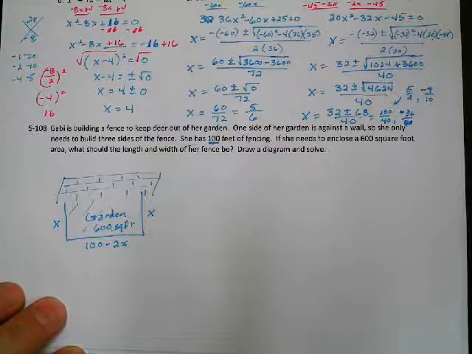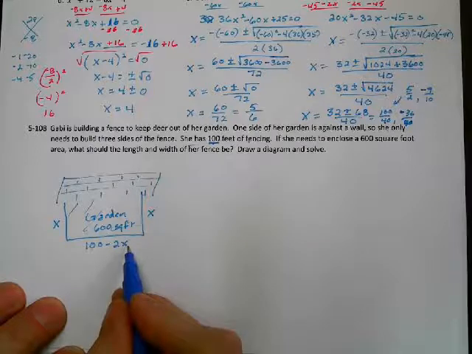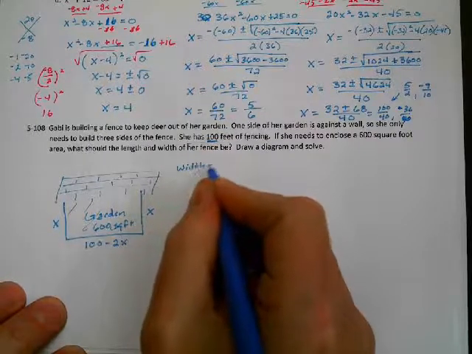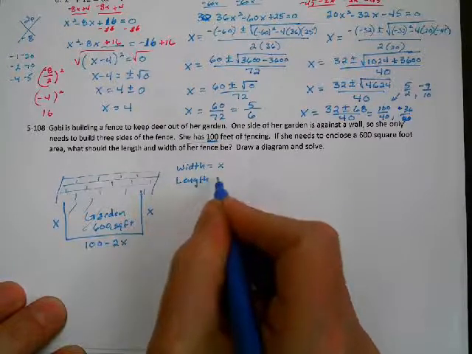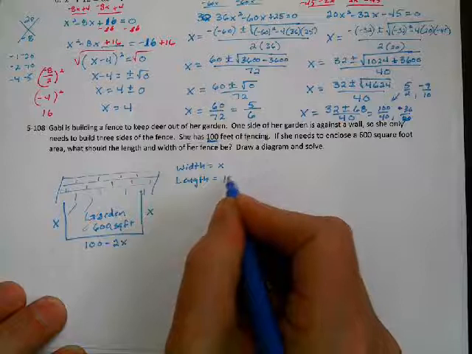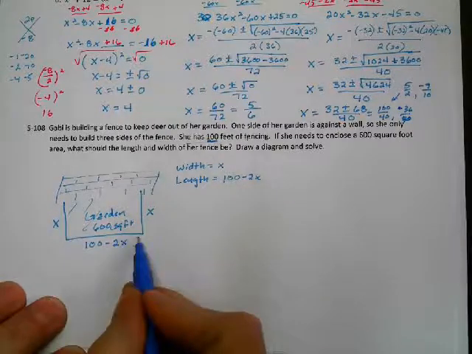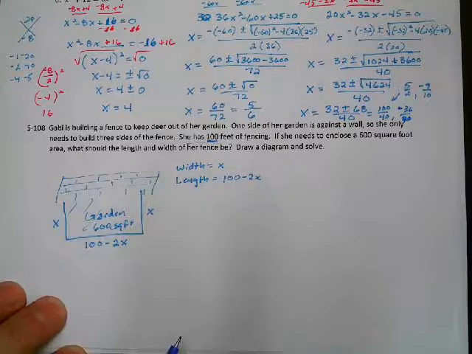Our length is going to be 100 minus 2x. Because I can use 100 feet total, if I take away these 2, I'm left with 100 minus whatever those 2 are.